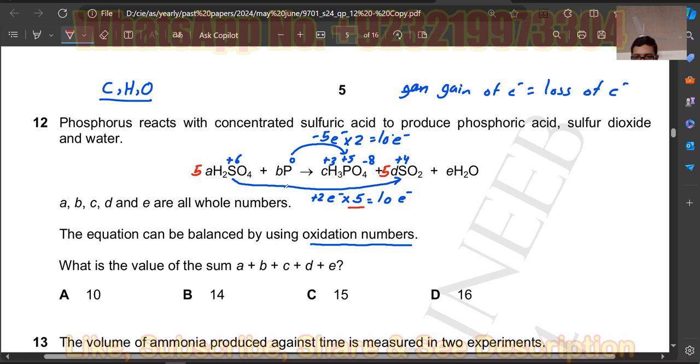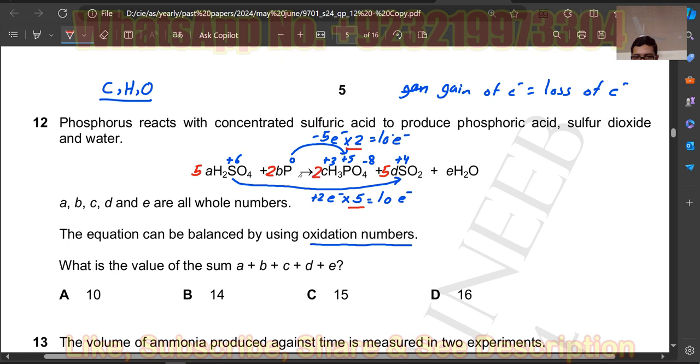That's the rule of balancing. So 5 is multiplied with these two substances. Now, for the oxidation reaction of phosphorus, I have multiplied with 2, which means I have to put 2 over here and also put 2 over here.